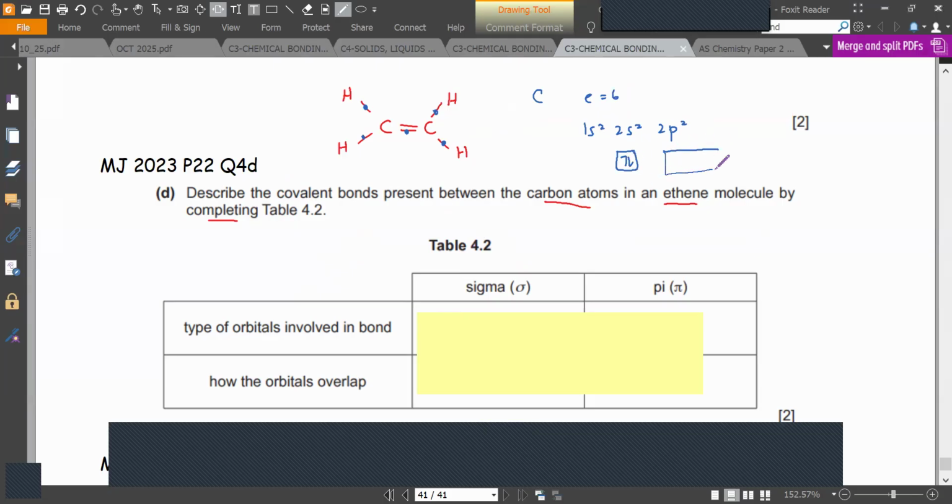These are the orbitals of carbon. But to form ethene, you cannot simply take the s and p orbitals to react. We cannot simply do that. We need to hybridize first.